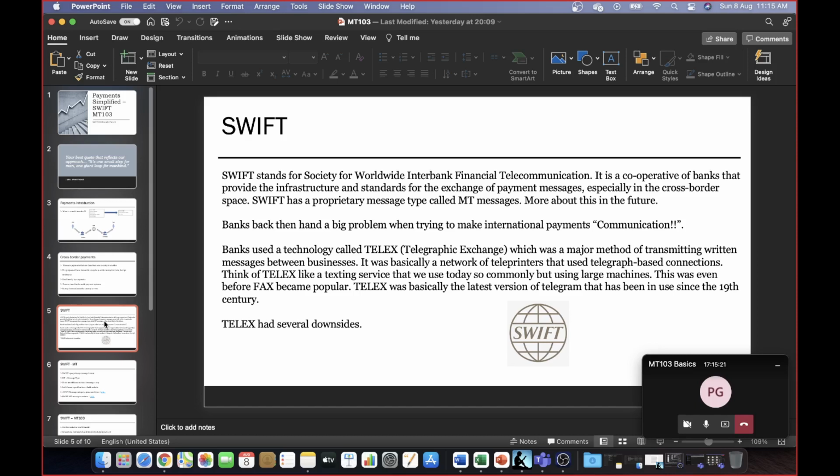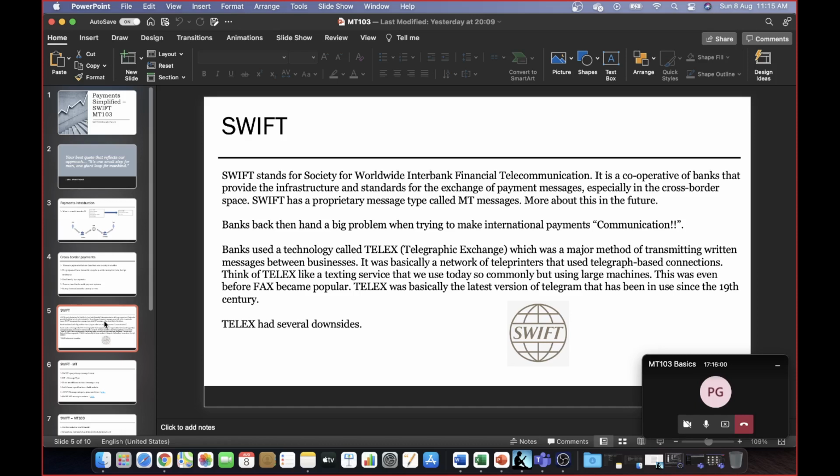In common terminology, we use SWIFT as a type of payment, but actually it is a cooperative that provides messaging standards and the infrastructure for banks to communicate financial transactions with each other. That's the main objective of SWIFT. They provide infrastructure, software for banks, and they define the messaging standards that have to be followed by two banks in order to communicate effectively with each other.